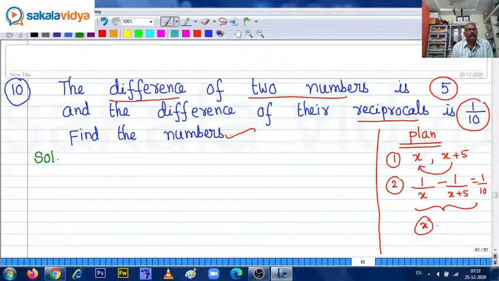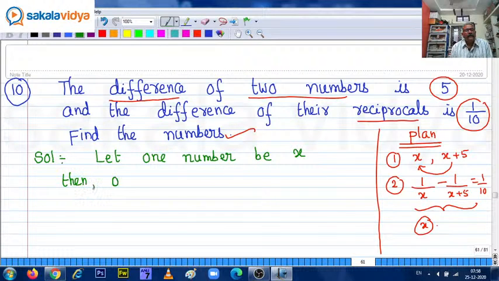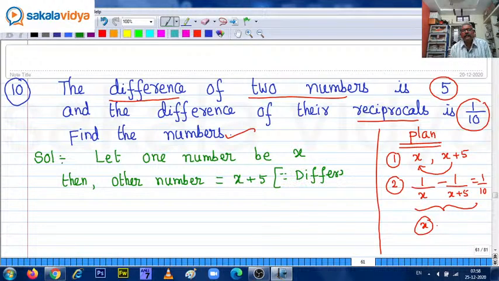Solution. Let one number be x, then the other number is equal to x plus 5, since the difference of them is 5.